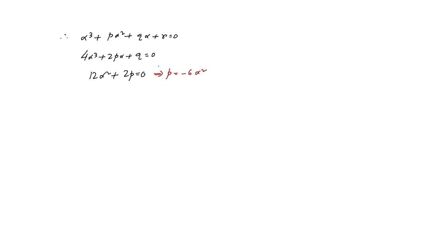I put the value of p here. Then q is minus 4 alpha cube minus 2p alpha, where p is minus 6 alpha square, so minus 4 alpha cube plus 12 alpha cube, that means 8 alpha cube.